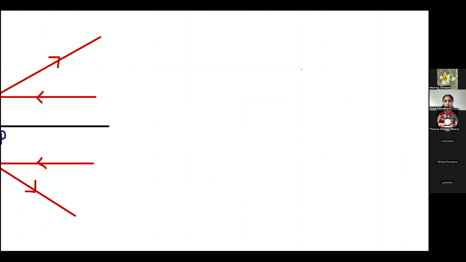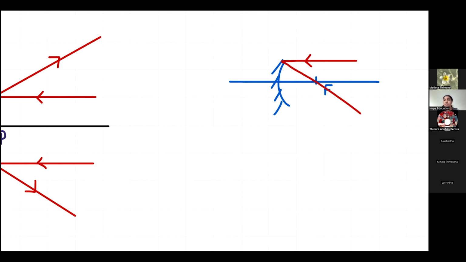If it was a concave mirror, when you send a parallel light ray like this, it will be reflected through the focal point, because the focal point was at the front of the mirror.